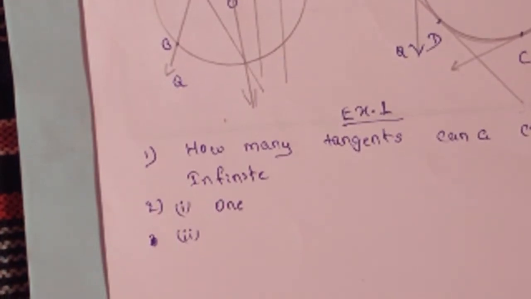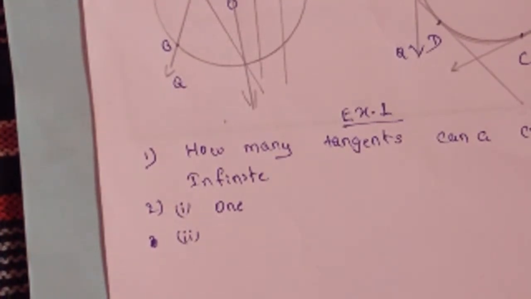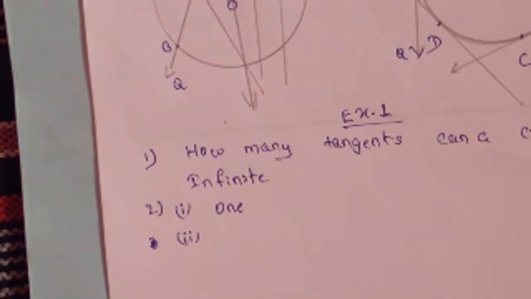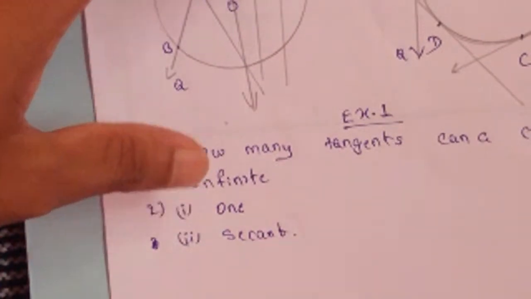What is the name for that line? Second is the answer given by many students. Yes, the answer is correct. That is secant.